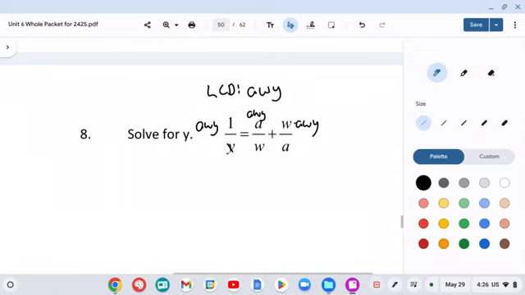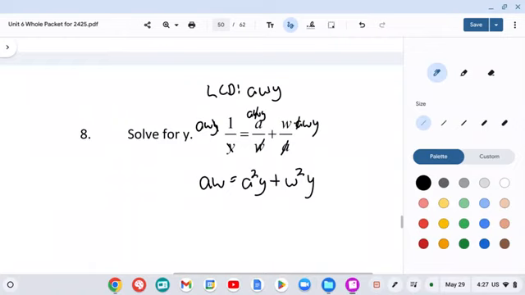So these y's would cancel, and I'd be left with a, w. The w's would cancel, and I'm left with a squared y. The a's would cancel, and I'm left with w squared y. And then this problem is asking you, now that we got rid of all the fractions, it's asking you to get y by itself.